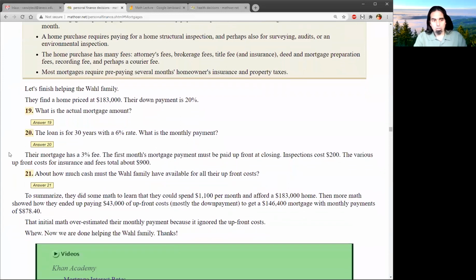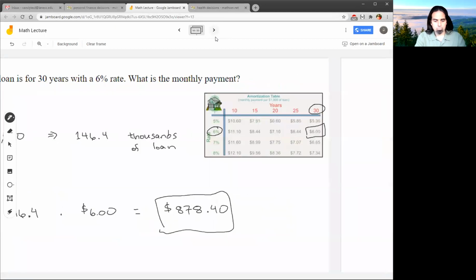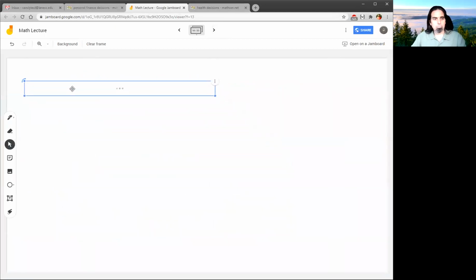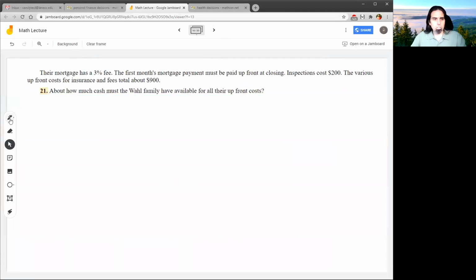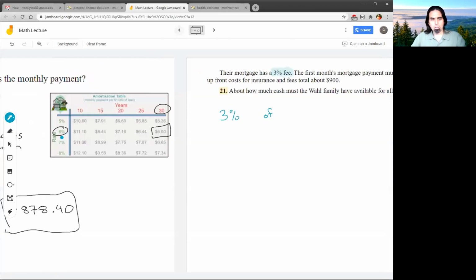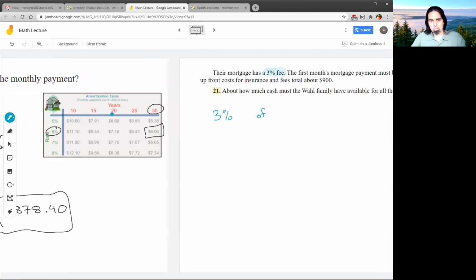Okay, bunch more details. The mortgage has a 3% fee, so let's deal with that. We want 3% of the 146,400.